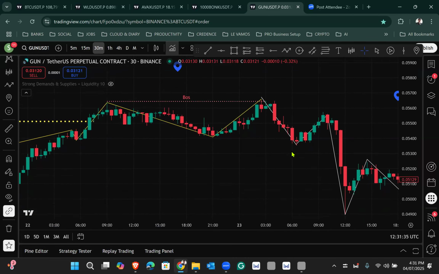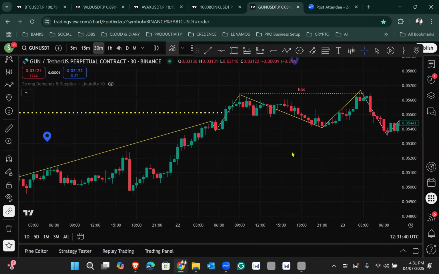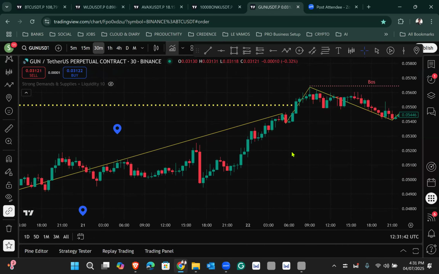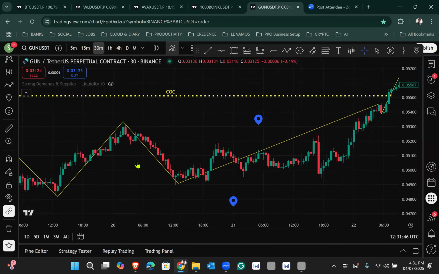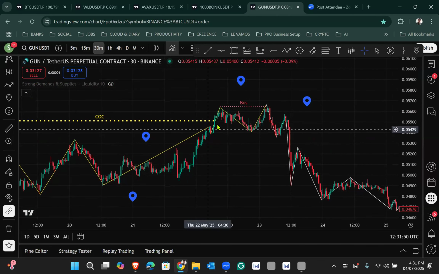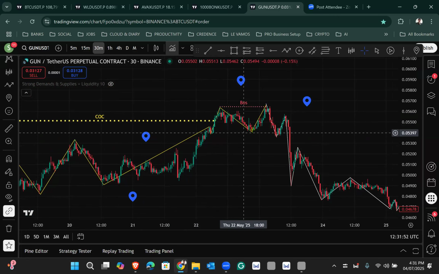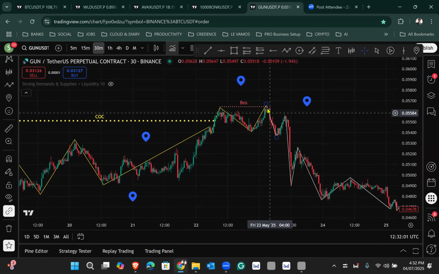We are talking about this impulsive move that caused the COC. Here there is no inducement. In this area there is no inducement. And here also no inducement because it doesn't cross. Here there is an inducement. No, we are going to the top.